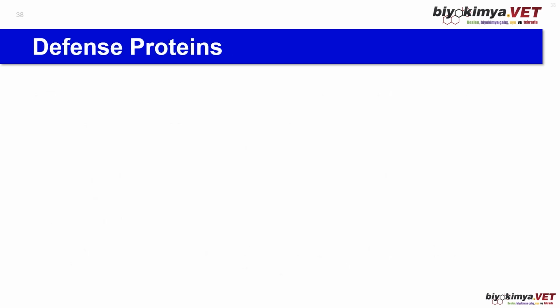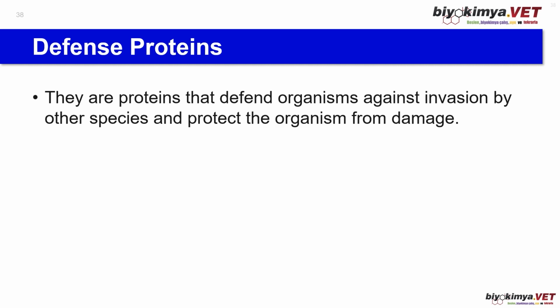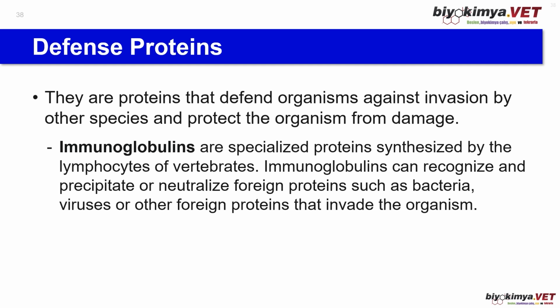Defense proteins. They are proteins that defend organisms against invasion by other species and protect the organism from damage. Here, the famous ones are immunoglobulins. They are specialized proteins synthesized by the lymphocytes of vertebrates.